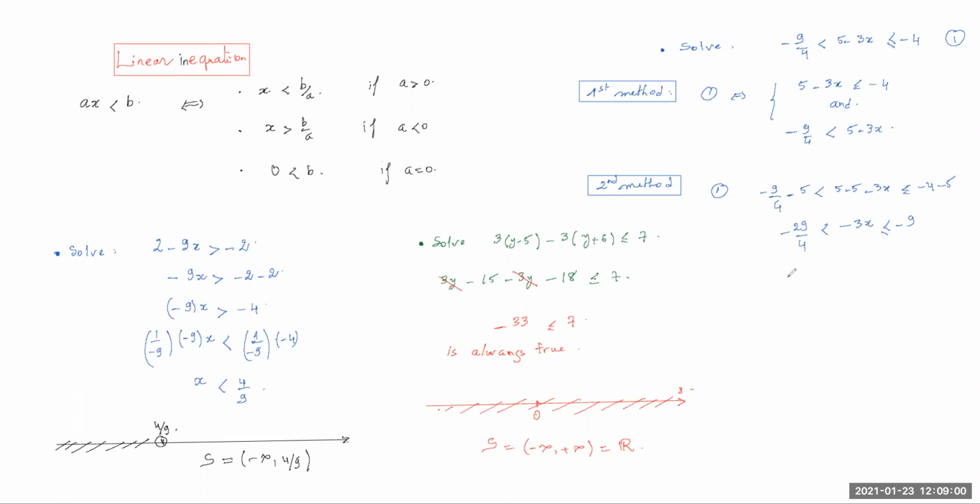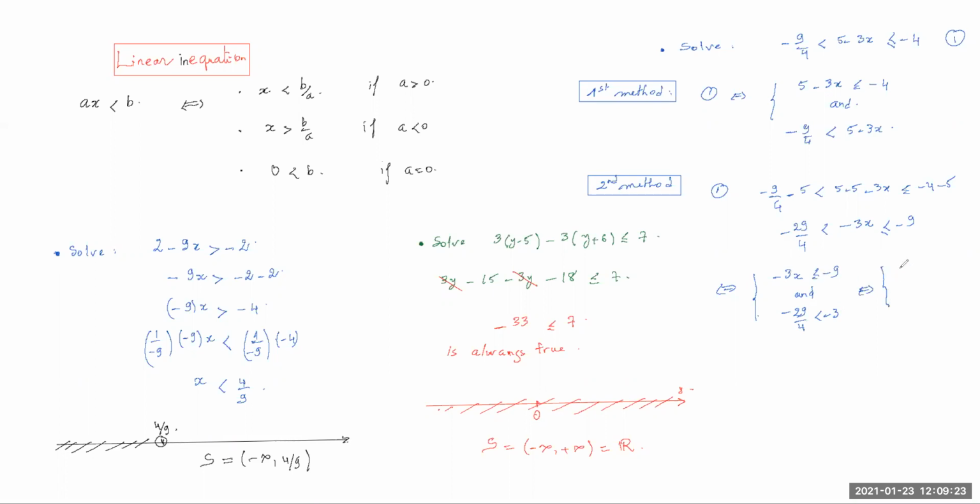Here I prefer to separate, like I suggested above. So I will say I need minus 3x less than or equal to minus 9, and minus 29 over 4 strictly less than minus 3x. Then let's solve each inequation.